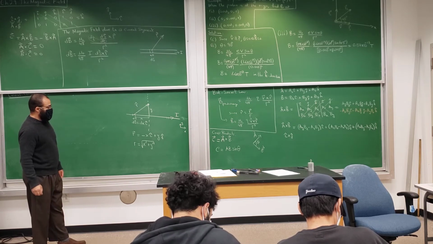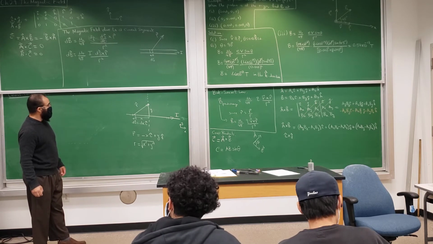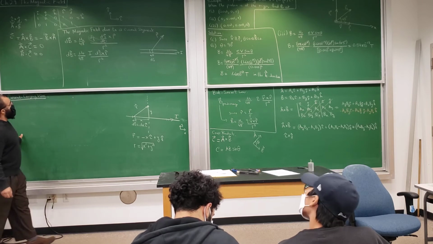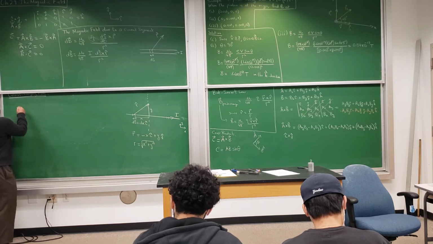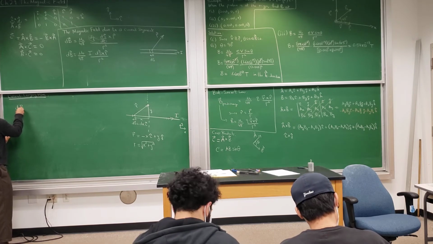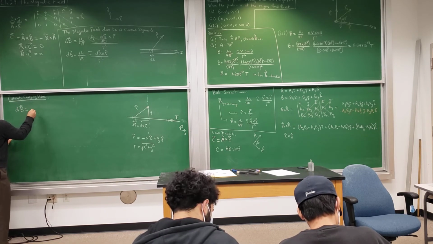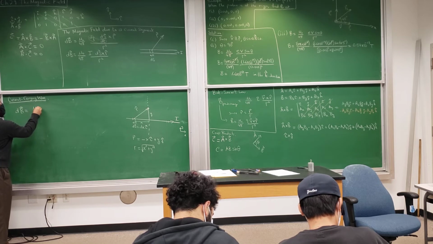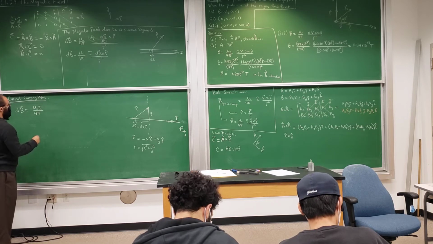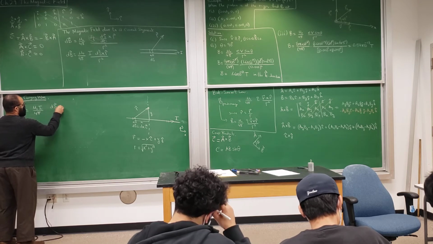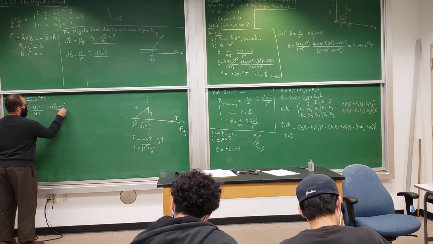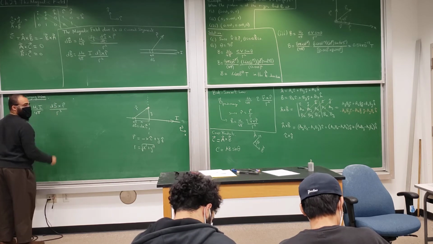Okay? Now, I'm going to write this formula here. dB is equal to mu naught I over 4 pi, and then I have ds cross r over r cubed.